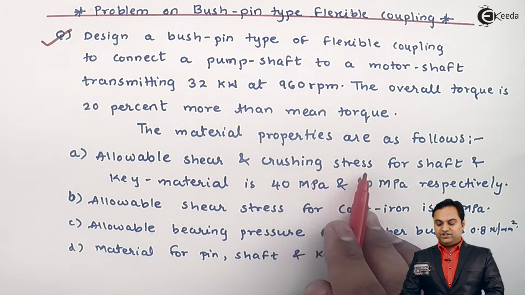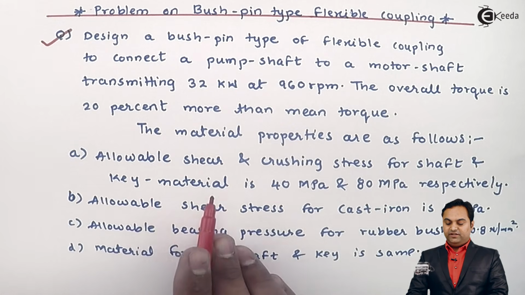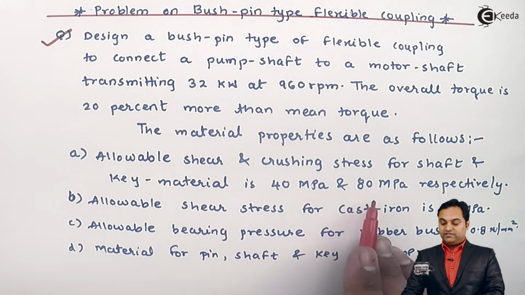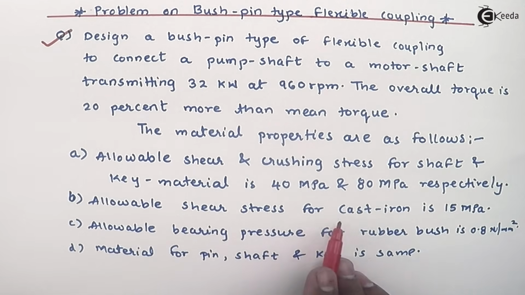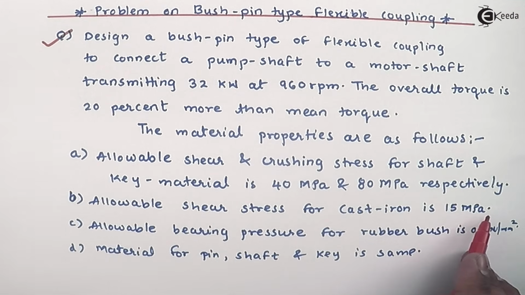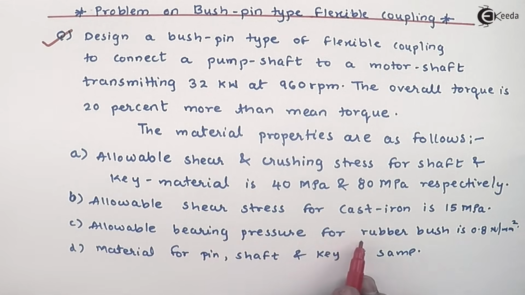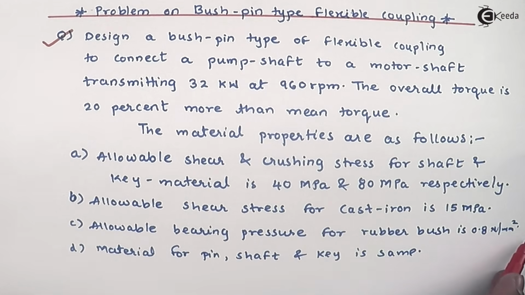Allowable shear and crushing stress for shaft and key material is 40 megapascal and 80 megapascal respectively. Allowable shear stress for cast iron is 15 megapascal. Allowable bearing pressure for rubber bush is 0.8 Newton per mm square. Material for pin, shaft and key is same. Now this is the problem we have on bushpin type of flexible coupling.